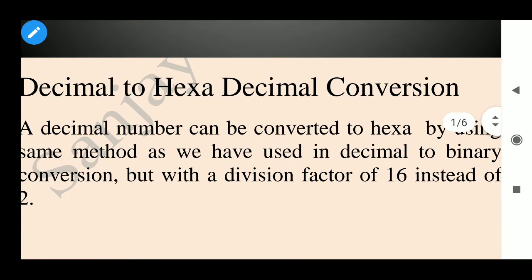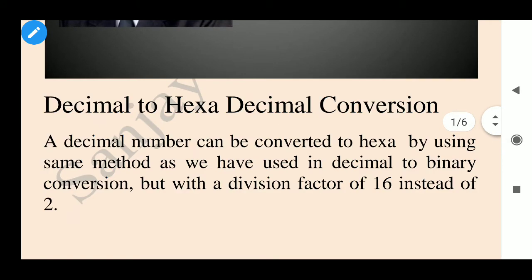So decimal to hexadecimal conversion: a decimal number can be converted to hexa by using the same method as we have used in decimal to binary conversion, but with a division factor of 16 instead of 2.